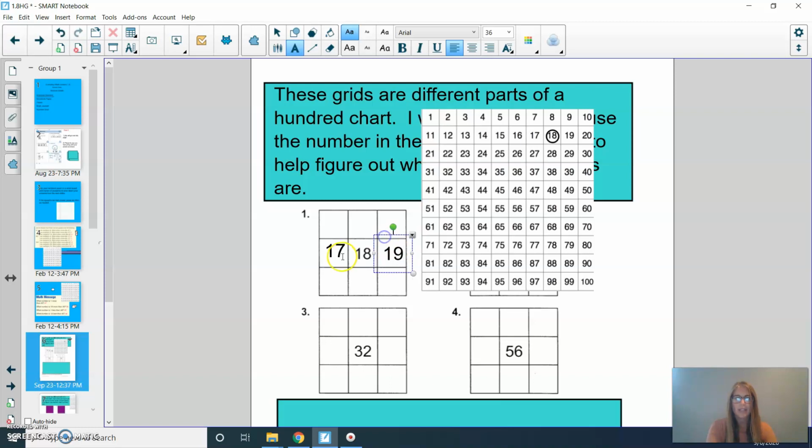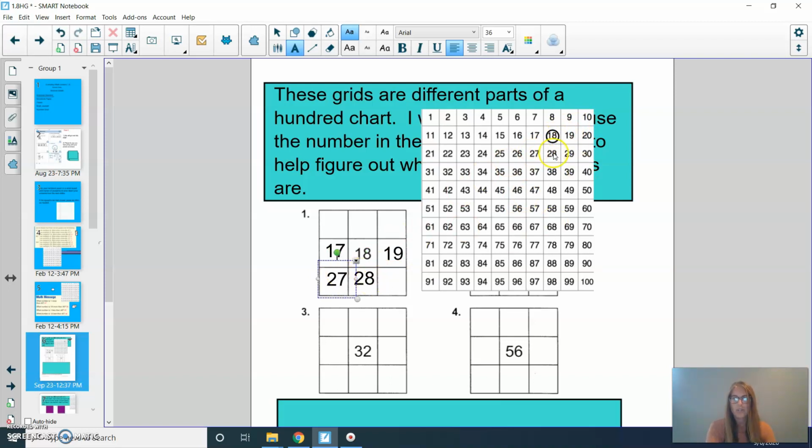Then when I'm looking underneath 18, I want to see what's 10 more. 10 more than 18 is 28. Then from 28, I can think, 1 less than 28 would be 27.